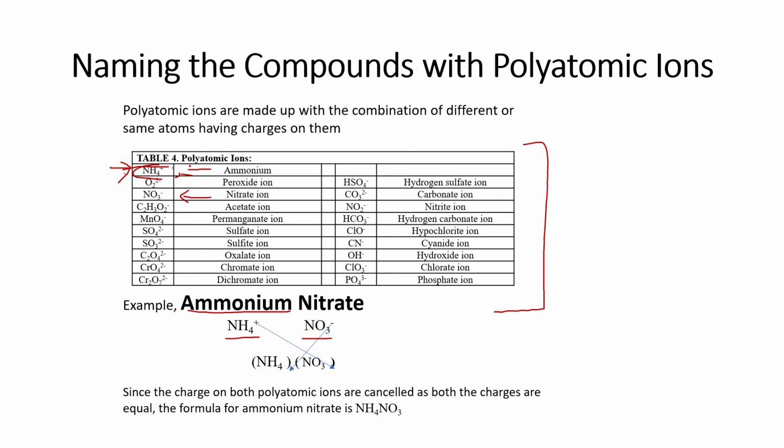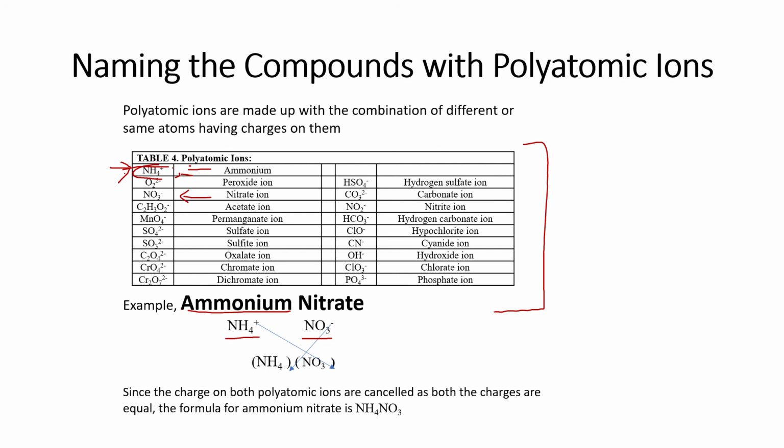Now let's bring the number from each unit to the subscript of the other. Ammonium is plus 1, so bring the 1 under the subscript of nitrate, and bring the 1 from nitrate under the subscript of ammonium.